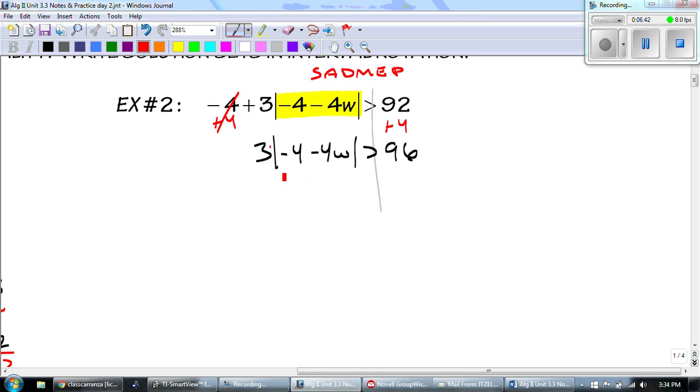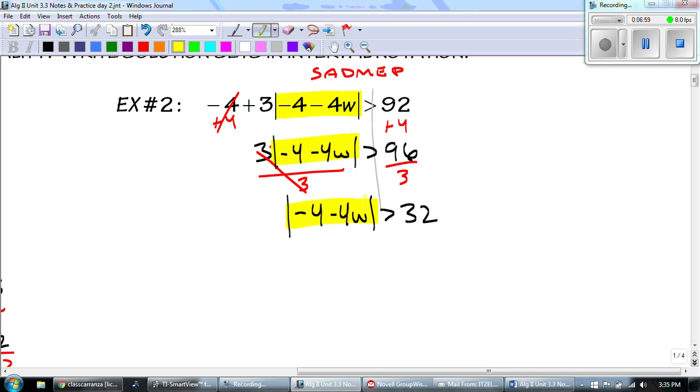Okay, that's multiplication. The inverse of multiplication is division. And then we have the absolute value of -4 minus 4w is greater than 32.